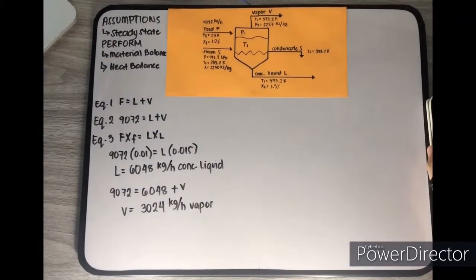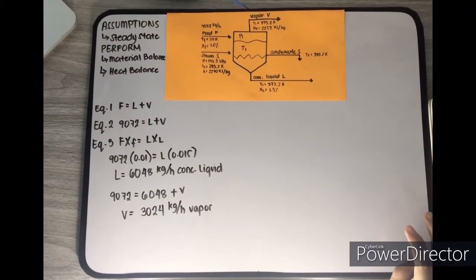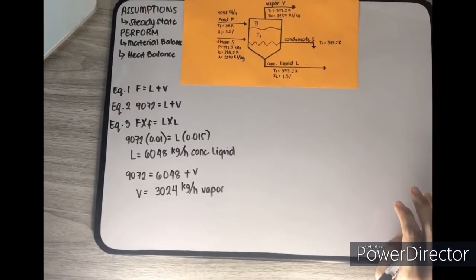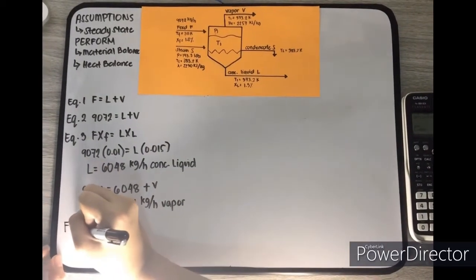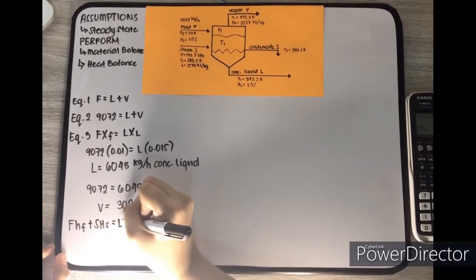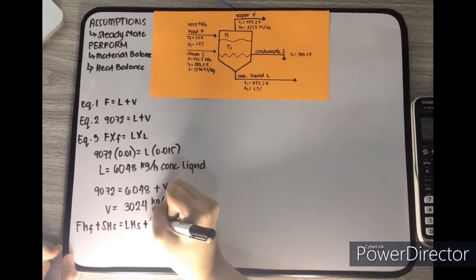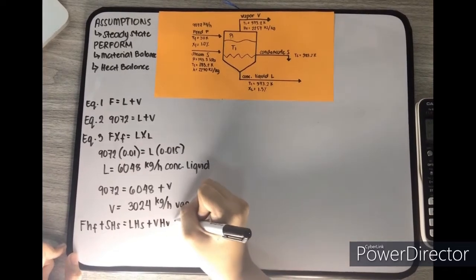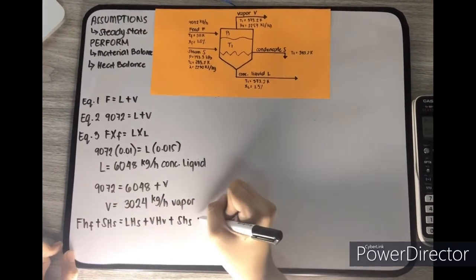Now that we already know the amount of vapor and concentrated liquid produced, we will use these values in performing a heat balance. We recall that the total heat entering is equal to total heat leaving. Thus, heat in feed plus heat in steam is equal to heat in vapor plus heat in concentrated liquid plus heat in condensed steam.